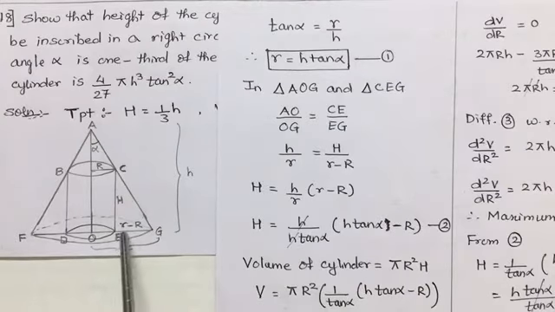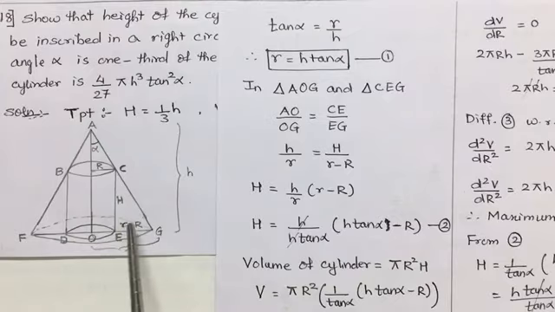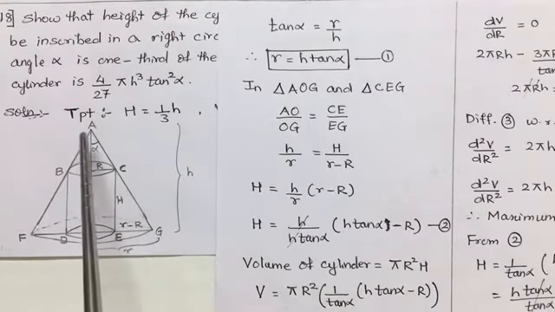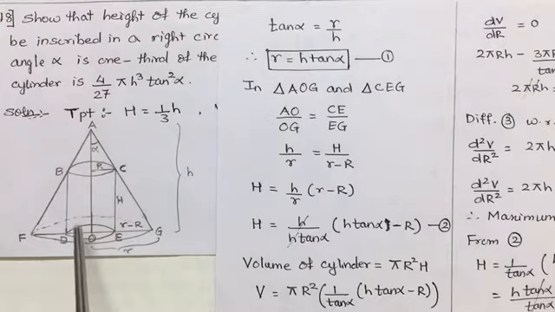So EG value becomes r minus capital R. Since CE is parallel to AO, with the help of similarity of triangles, AO upon OG is equal to CE upon EG.